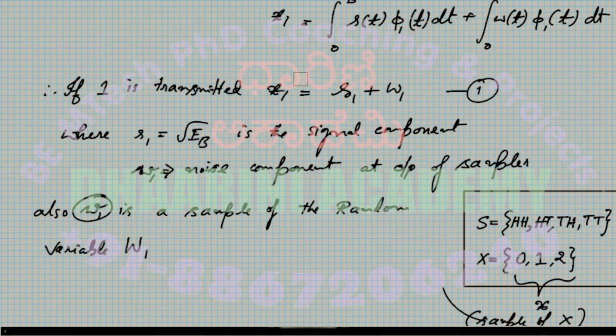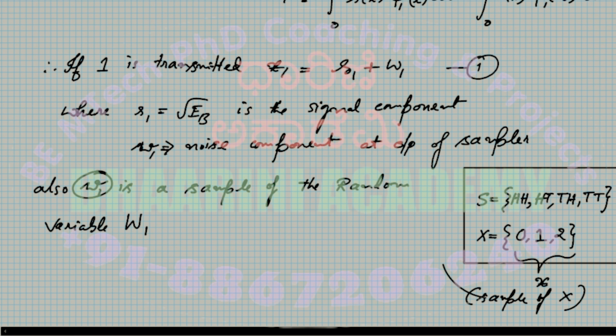You see here I am using small x1, you can try to relate that. Now this is completely random. W is completely random, so some fixed signal plus a random signal makes this also random, isn't it? Are you able to understand that?